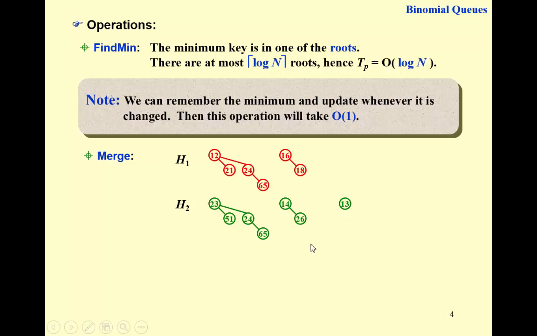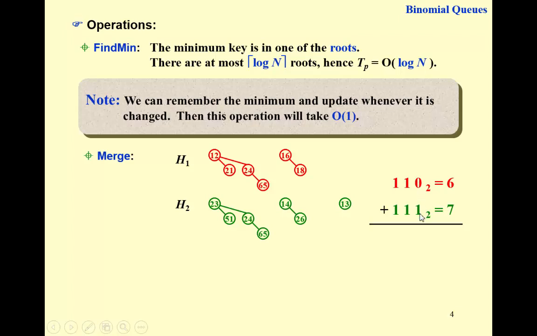Well, I said that the forest form of a binomial queue is closely related to the binary form of an integer, right? So merging two binomial queues is very much similar to the way we add two binary numbers. So when adding two binary numbers, what do we do? We start from the zeroth bit, right?